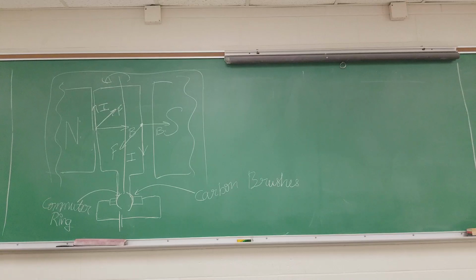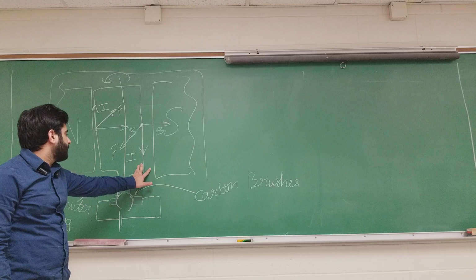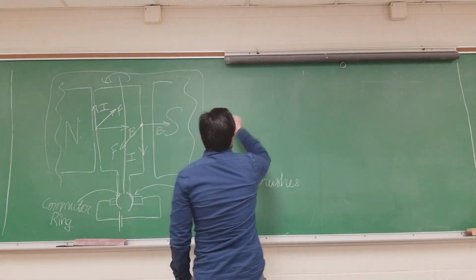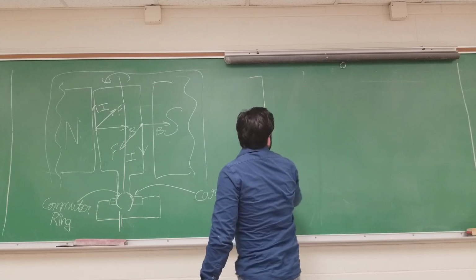If this is our rotor, then this will try to rotate like this. Now after half a rotation, this will go there and this will come here, and our diagram will look like this.